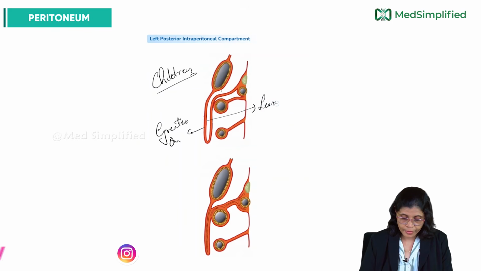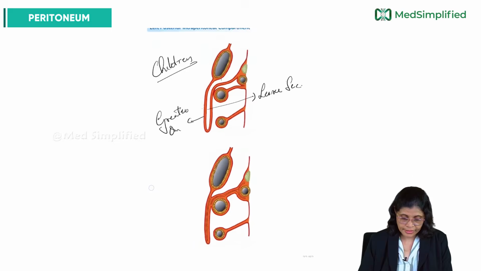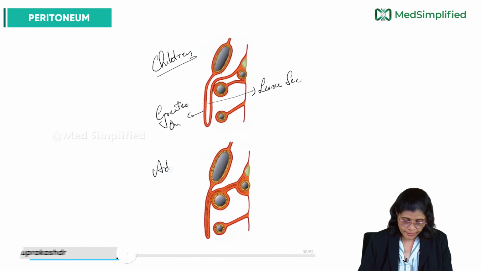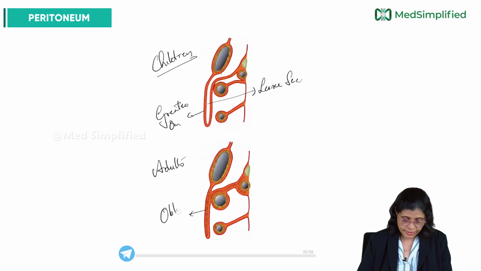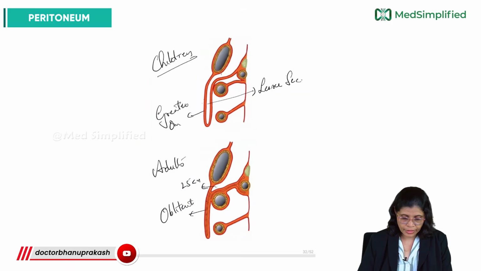But as age advances in adults, the layers of the greater omentum fuse, and because of which this lesser sac is obliterated here, except for the upper 2.5 centimeters or about an inch. Only just behind the stomach it will extend up to about 2.5 centimeters or about an inch. So it will be restricted only to this portion of the stomach. So this is the lesser sac.